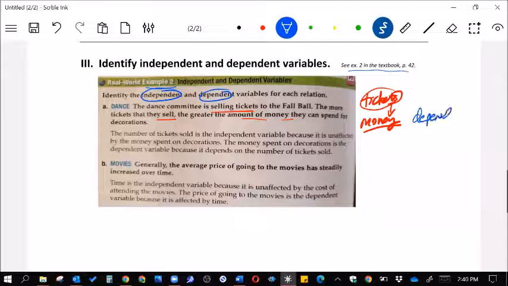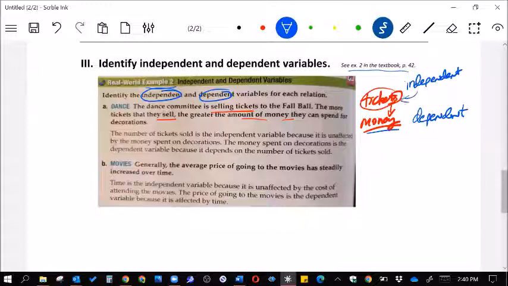That means that the money is the dependent variable, and the tickets are independent because it's what causes the dependency, the amount of money. So the tickets, you sell them, however many you decide. You may want to sell more, so it may not be fully your choice, but still that's the independent thing. You have to get that number to start the process. Then that results in the amount of money that you get, which would be your dependent variable.